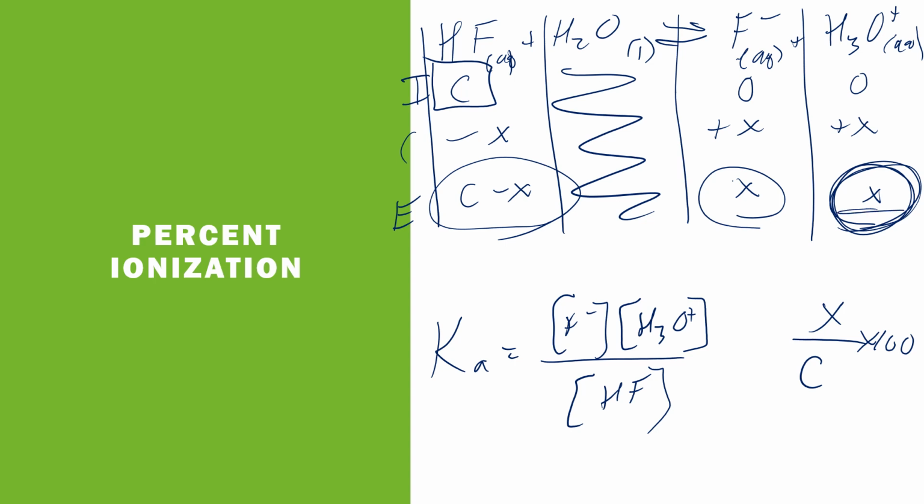So the amount that wound up in ions over the original concentration times 100. And it will always be a fraction because it's a weak acid, so you'll only ionize some of it. So it will always be less than 100%. And you can figure out the specific percent that actually broke down using this simple equation.